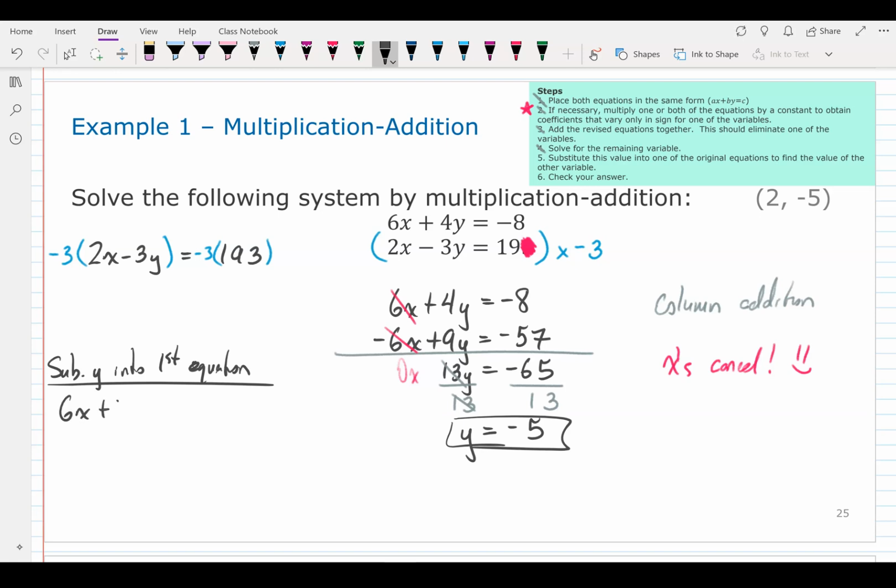So 6x plus 4y is -8. So I'm going to replace the y with what I know it is. It's -5. That means that 6x equals -8 plus 20. That means 6x equals 12. That means that x must equal 2.